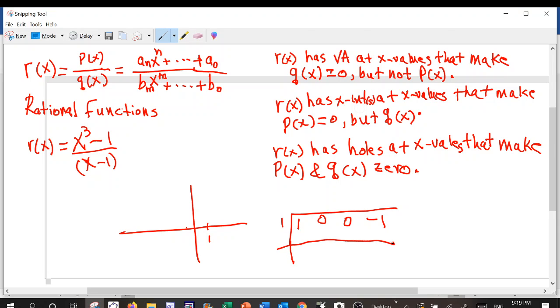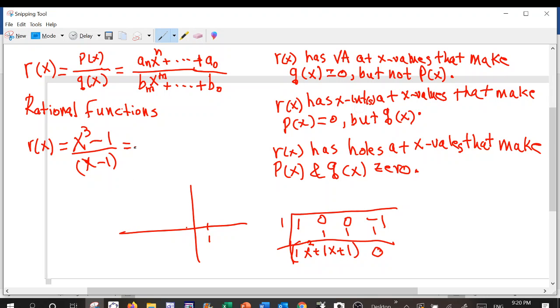And then we bring the 1 down here. 1 times 1 is 1. 1 plus 0 is 1. 1 times 1 is 1. 1 plus 0 is 1. 1 times 1 is 1. 1 plus -1 is 0. And now we know, because this is third degree, this is 1x squared plus 1x plus 1. So that is the quotient, and the remainder is 0.